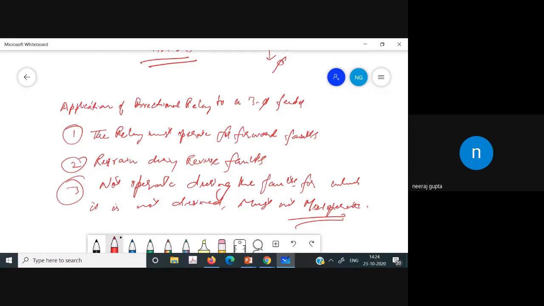So these are the requirements for a directional relay.